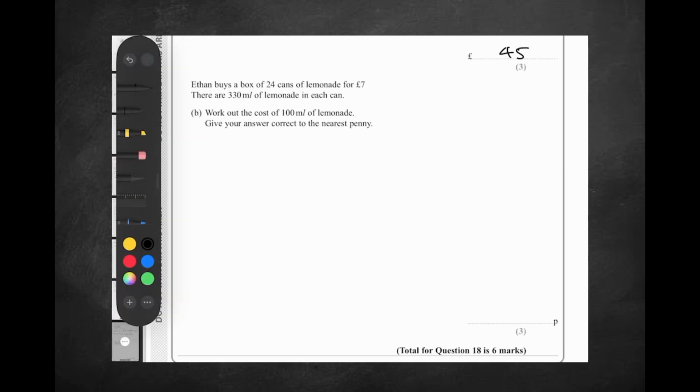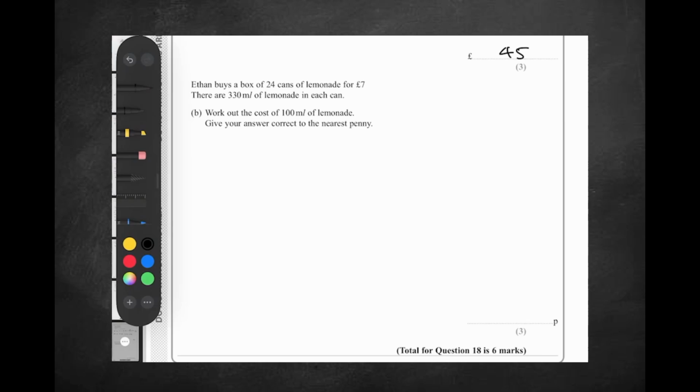Part B. Ethan buys a box of 24 cans of lemonade for £7. There are 330 millilitres of lemonade in each can. Work out the cost of 100 millilitres of lemonade. Give your answer correct to the nearest penny.